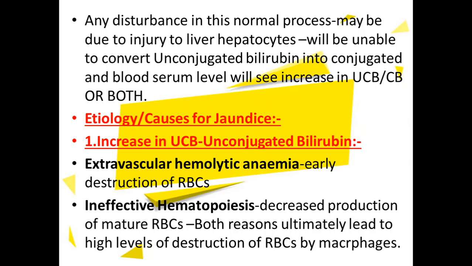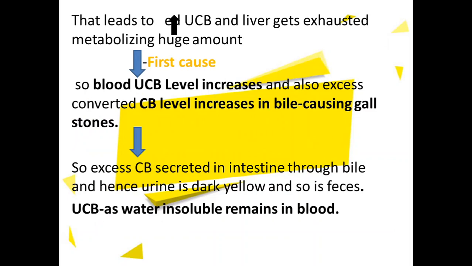And already we have seen what is the normal physiology. That means they are getting converted into excessive amounts of globin and heme, right? So heme again is converted into unconjugated bilirubin.